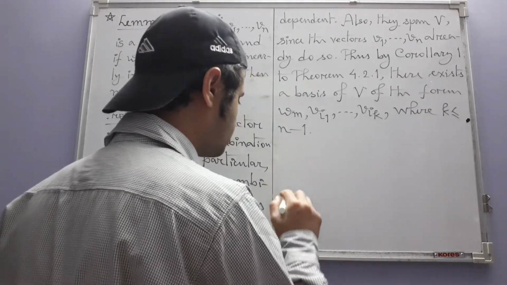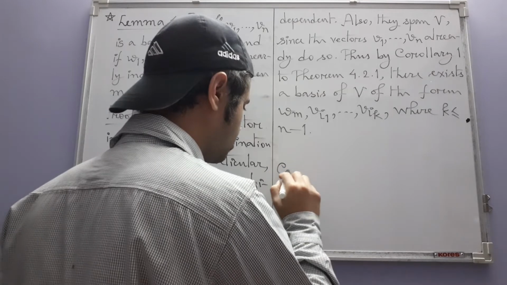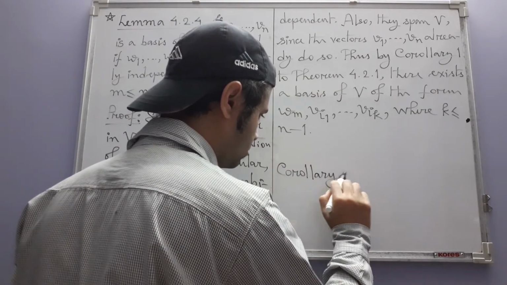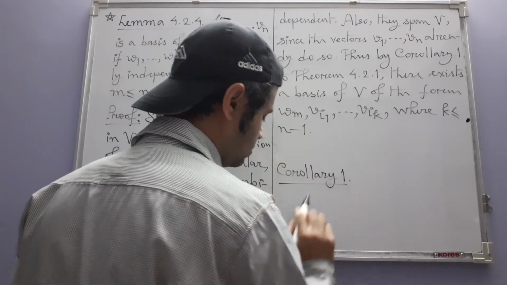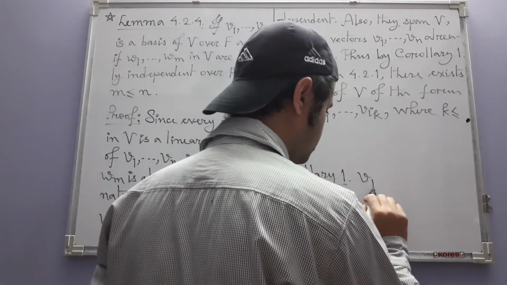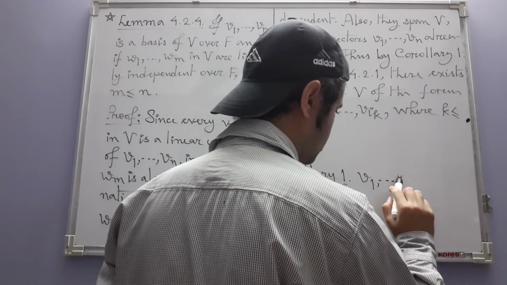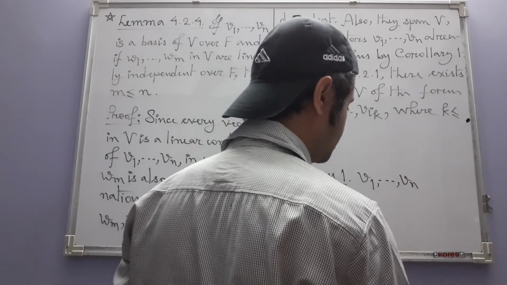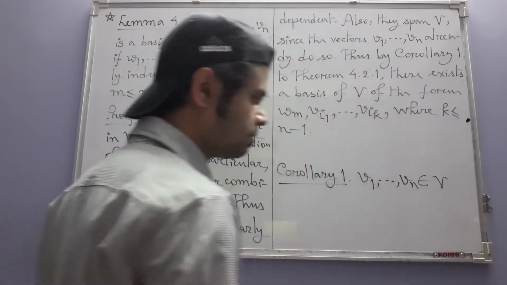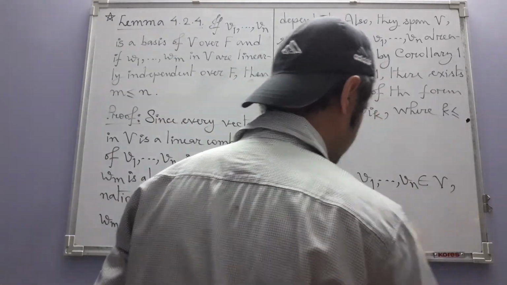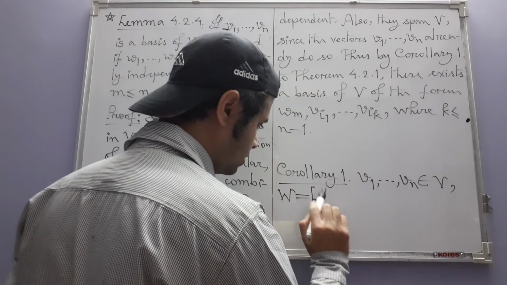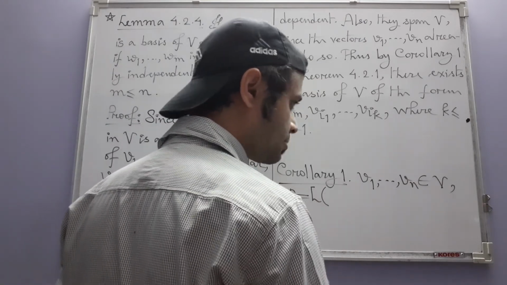The corollary says this. We are given some vectors in a vector space V, and W is their linear span.